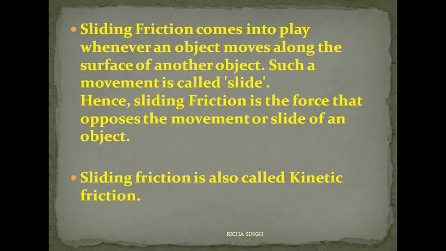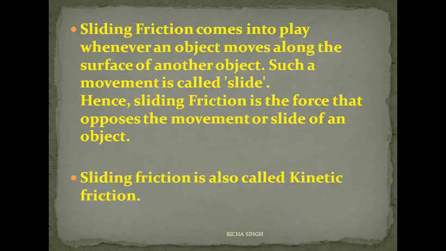Okay. Remember this thing. The force required to keep a body in motion is less than the force required to start a motion. Okay. It means static friction is more than sliding friction, because when the object is moving, the irregularities on the surfaces do not get sufficient time to entangle with each other.